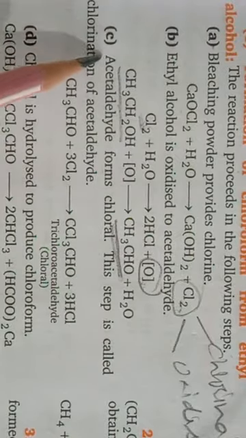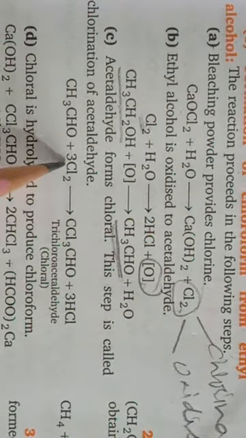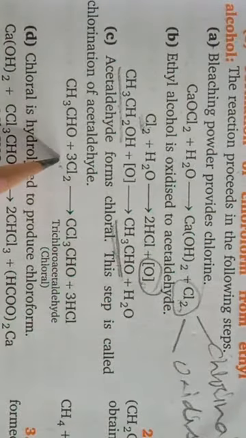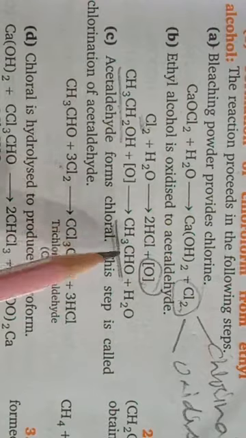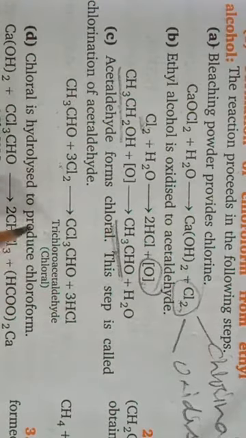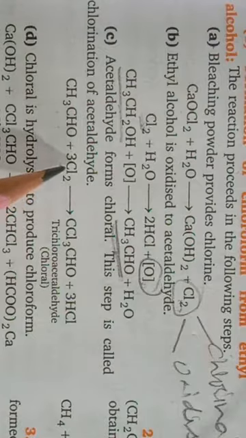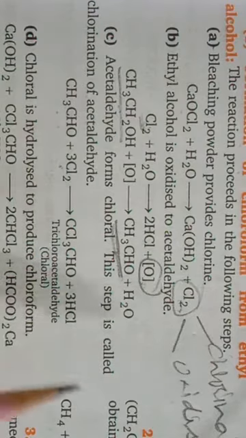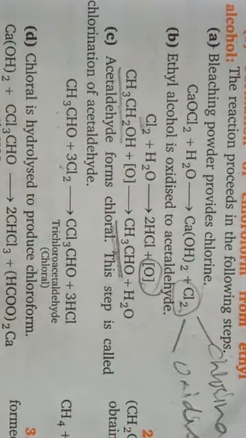Third step, here the chlorine is acting as a chlorinating agent. This chlorine reacts with the ethanal produced in step B, forming trichloroethanal, which is also known as chloral.